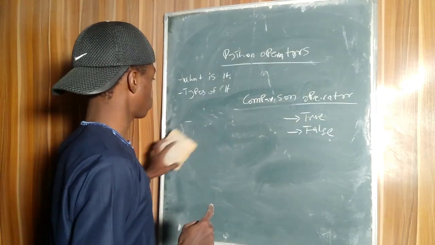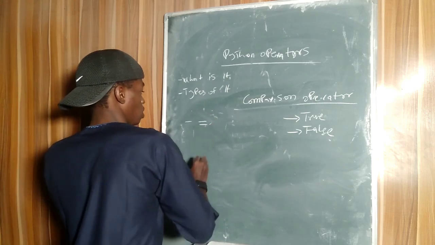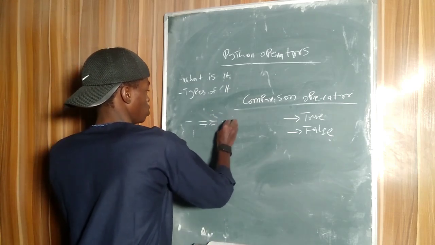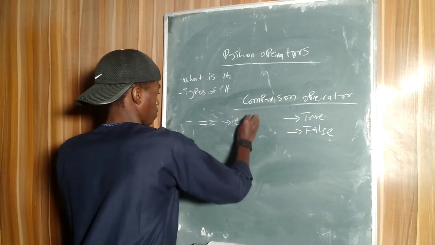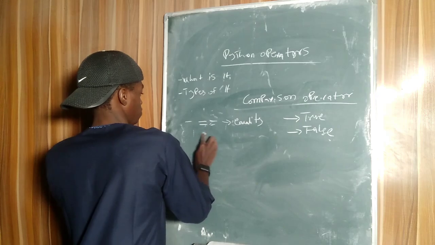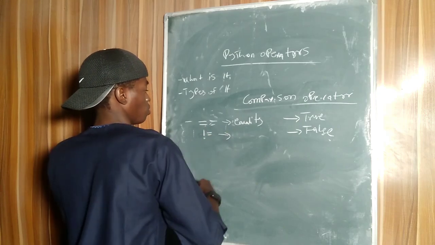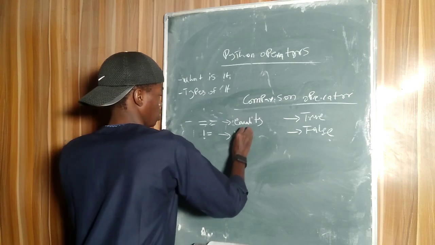The operators of comparison operator are, we have the double equal sign. This means checking for equality. We have the exclamation mark with equal sign, which is checking that they are not equal.